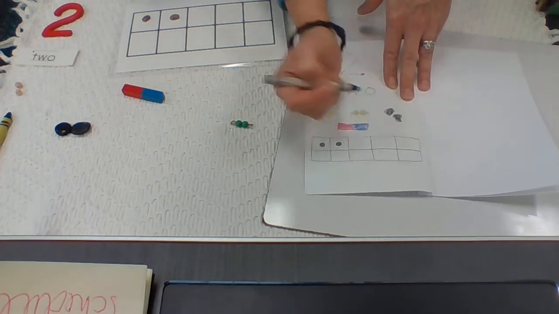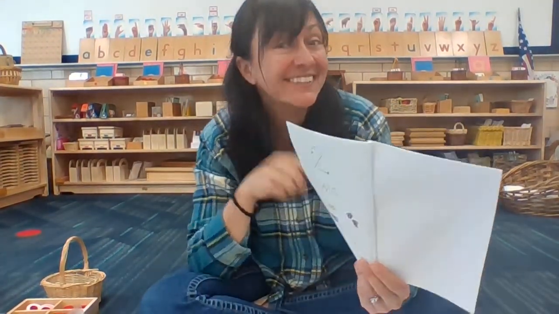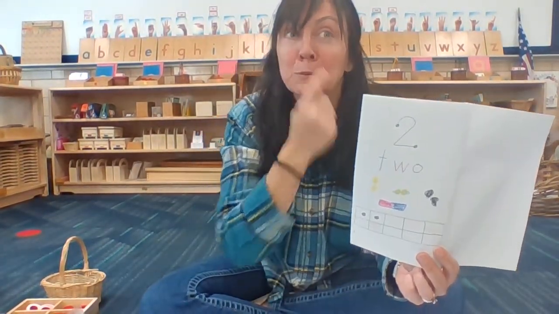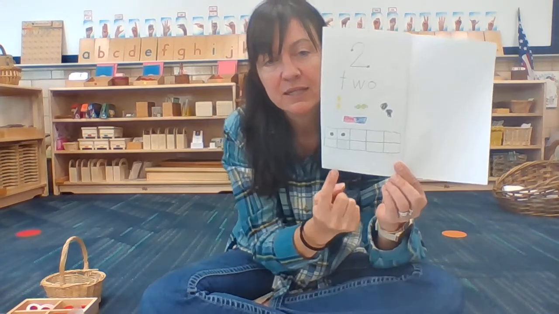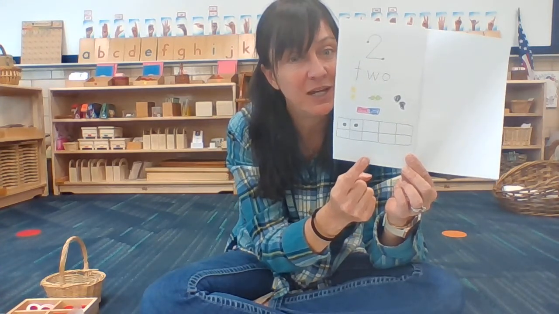Okay, I want you to think about something in your house that you have 2 of. Ooh, could you draw 2 eyes? Yeah. 2 ears? 2 nostrils? 2 hands? Yes. All right, so 2. Wherever you have space on your 2 page, make sure you stay on this page.